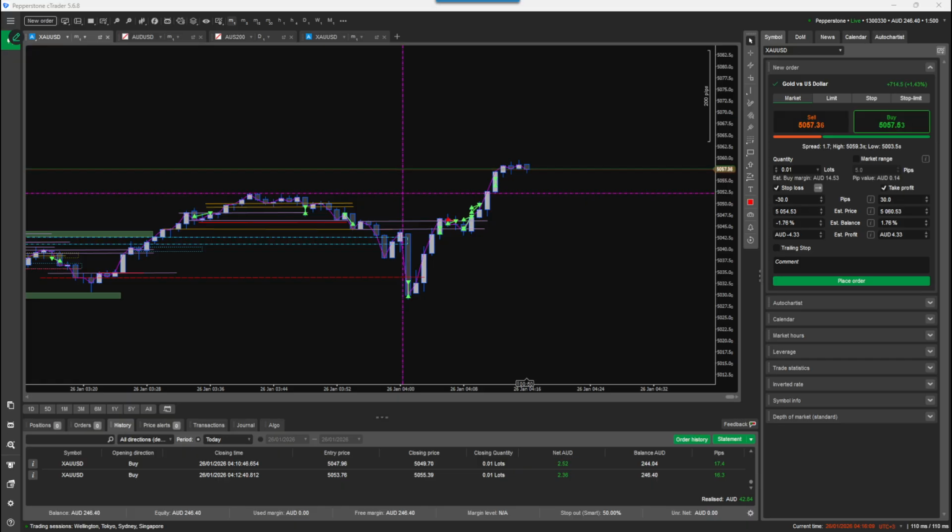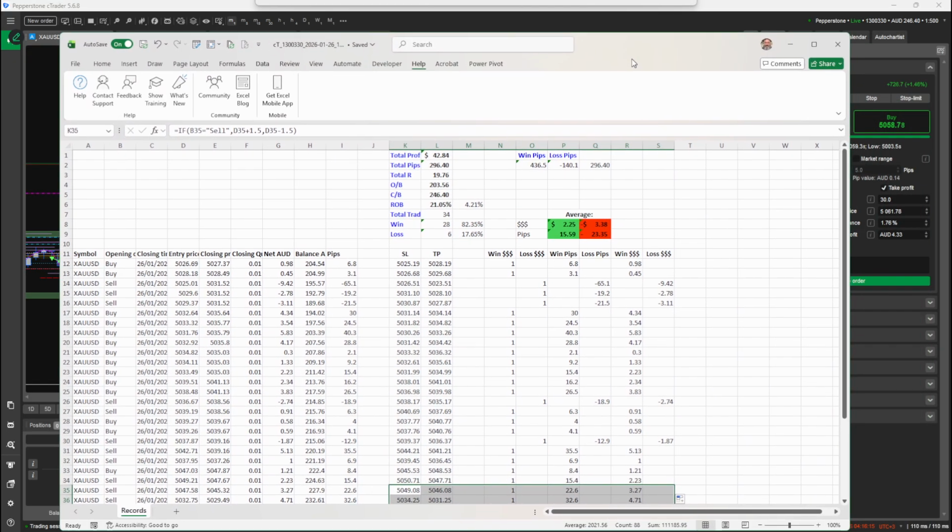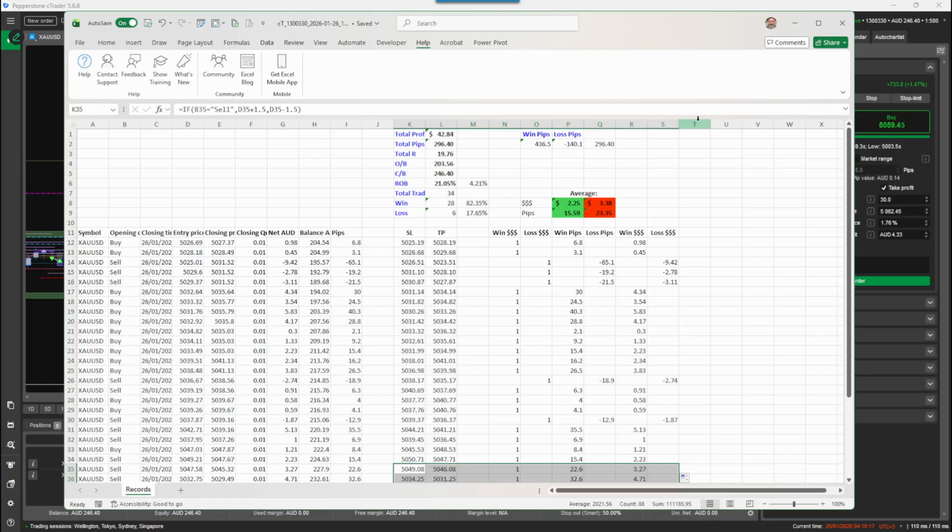So, this has been a sobering session today, mate. It's been brilliant. There's my current result at the moment: $42.84, 296 pips. I'm 19.76 R up. That's given me a 21% return on my starting bank of $203.